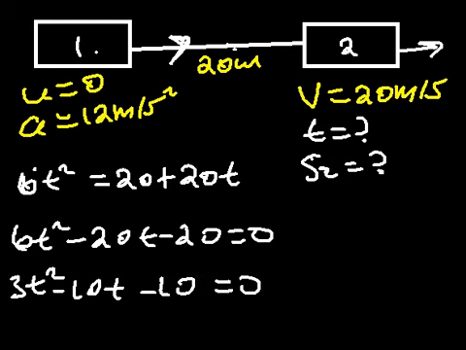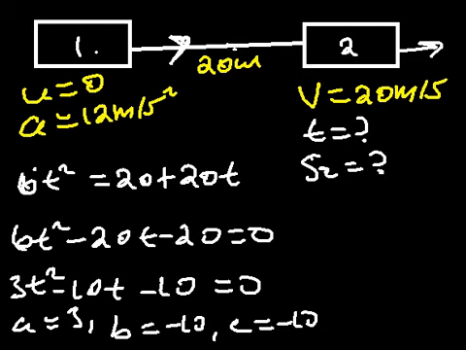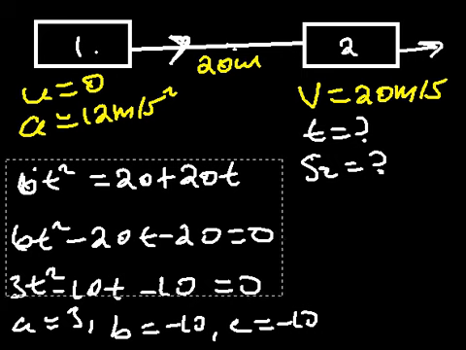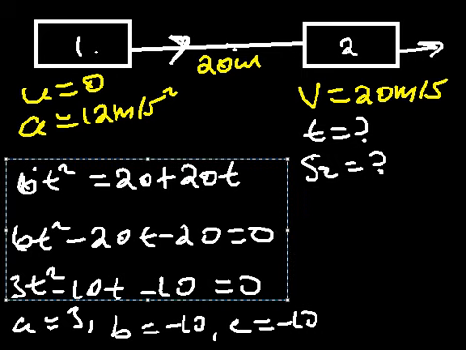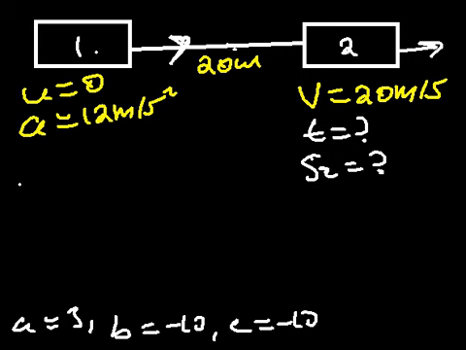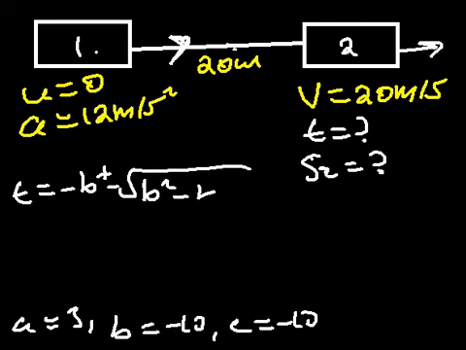Now we can solve for t using the quadratic formula, in the sense that we have a given as 3, b given as negative 10, and c given as negative 10 as well. Then I plug these values into the quadratic formula, which is t equals negative b plus or minus the square root of b squared minus 4ac, divided by 2a.